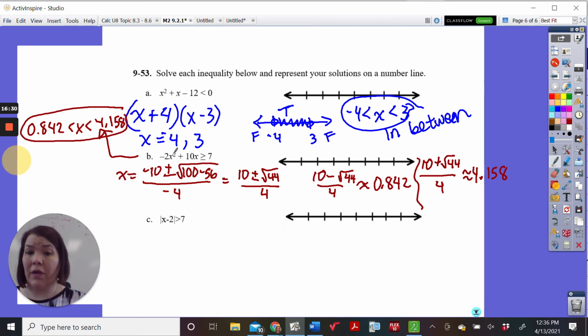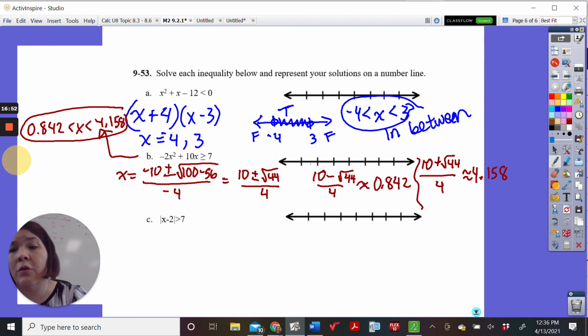Okay, so this one is tricky. We've got our quadratic formula, -10 plus or minus the square root of 100 minus 56 over -4. I've changed all the signs. So I have 10 plus or minus radical 44 over 4, 100 minus 56. I'm going to leave it there. Calculator told me this was 0.842 and that this was 4.148.